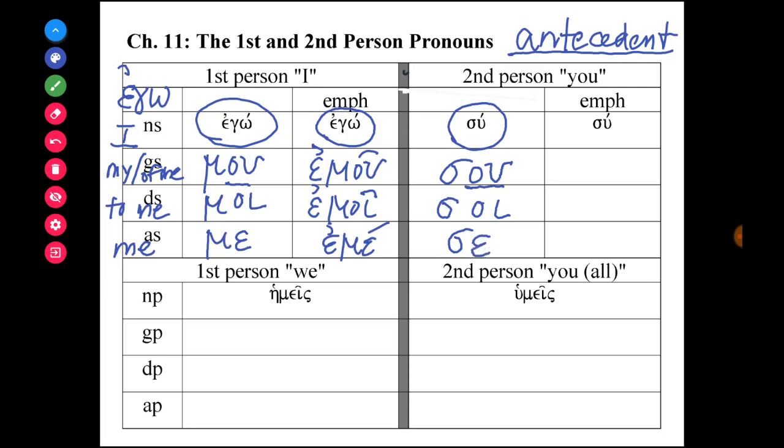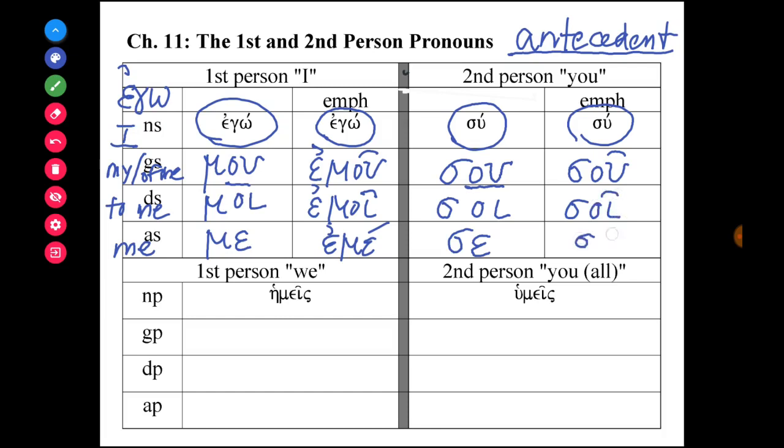And what then would be the emphatic forms? Well, the emphatic forms for you do not use the extra epsilon, but use the accent. So if you see this accent, it's being emphatic. And again, the nominative singular forms for the emphatic and regular form are the same. Soi has an accent, and the regular form does not.